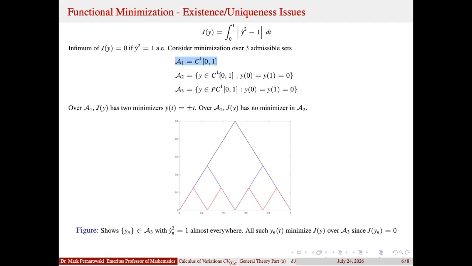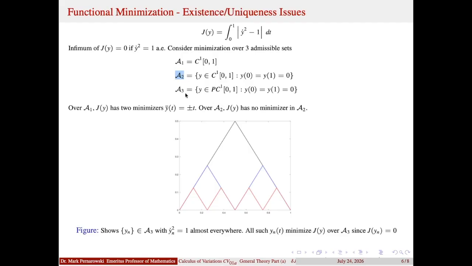Well, there are no smooth functions equal to plus or minus t that also equal 0 on both boundaries. It's true that this function equals 0 on the left boundary, but it doesn't equal 0 on the right boundary. So what does that mean? That means if I try to minimize J over only these kinds of functions, there is no minima for those kinds of functions because of what I just stated. So minimize J over A1, you have 2 minimizers. Minimize J over A2, you have no minimizers.